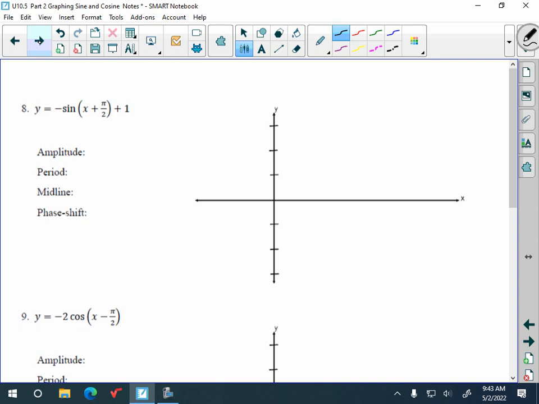All right, number 8, amplitude is 1. Period, 2 pi divided by 1 is 2 pi. Our midline is y equals 1. Here we have a phase shift pi over 2 to the left.